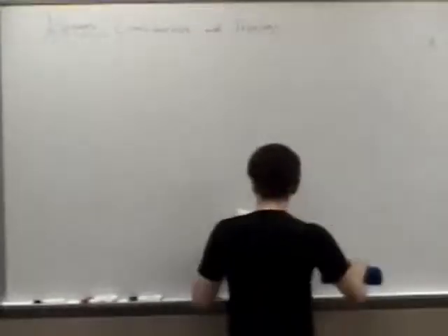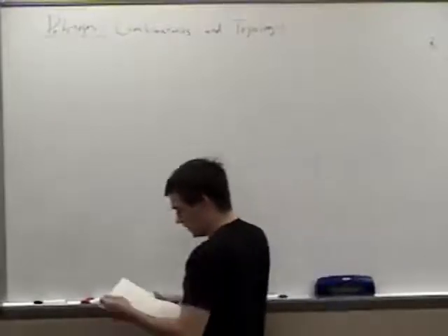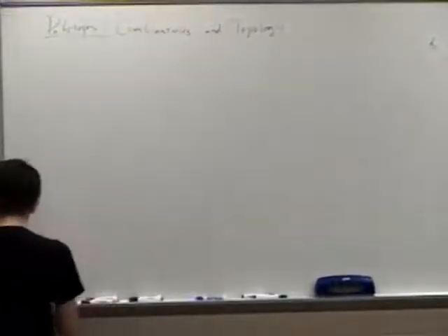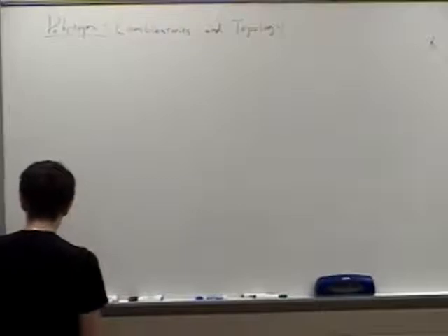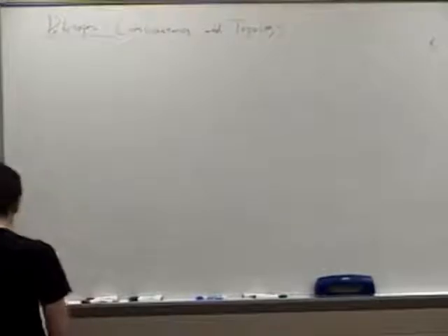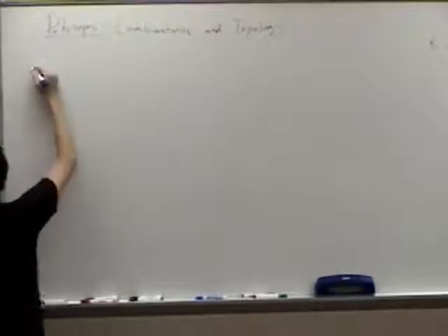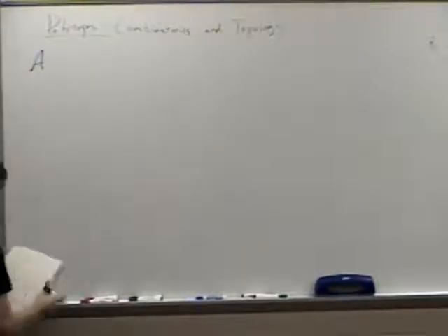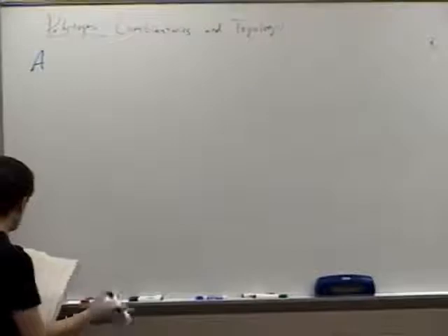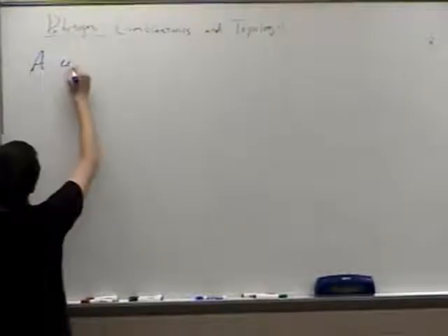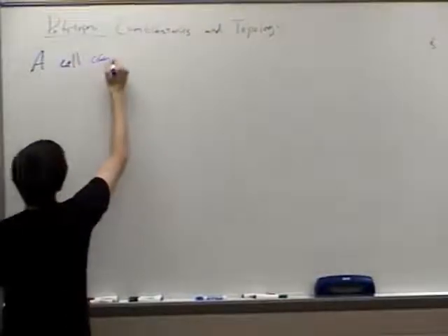And I'll now give you the definition of what a cell complex is. So here's the basic concept that we'll need for polytopes. A polytopal cell complex, but we're just going to call it a cell complex for now.